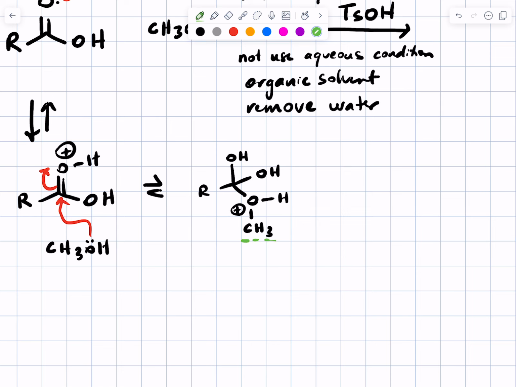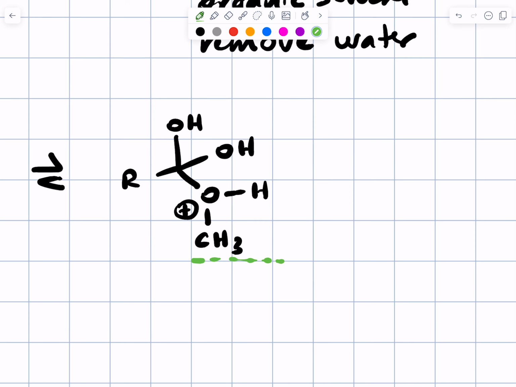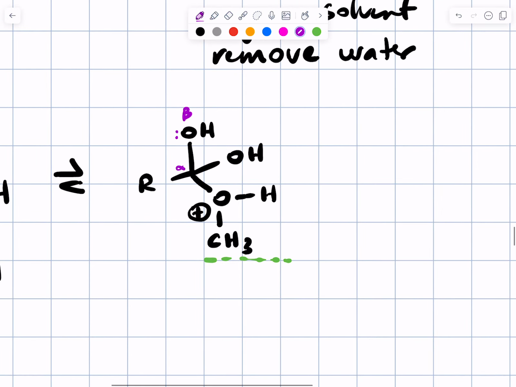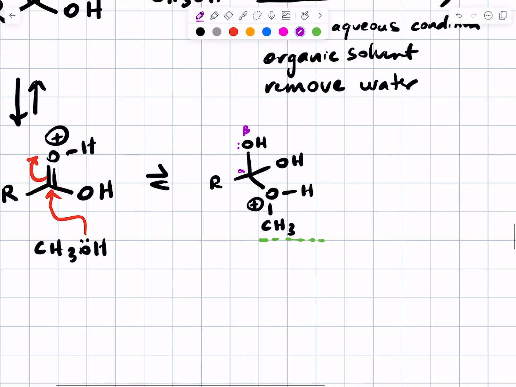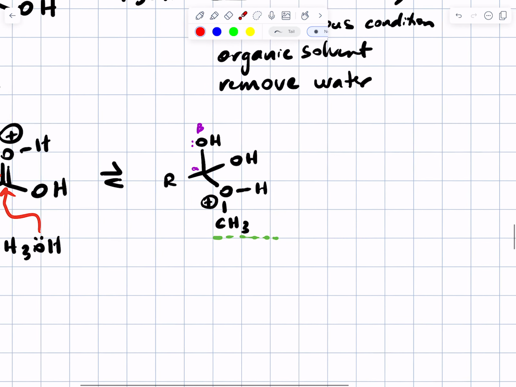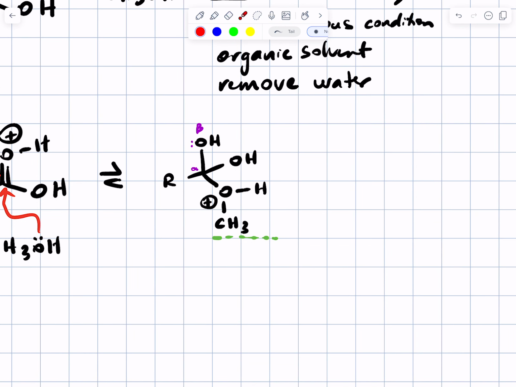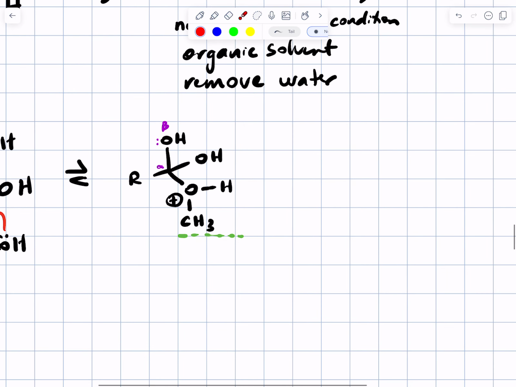That alcohol that just added in is currently a good leaving group. And you have neutral oxygens at the beta position that can act as kicker-offers to kick off that leaving group. If that happened, that would simply be the reverse step. The reaction is going to be pulled forward by the fact that later on we're removing water.